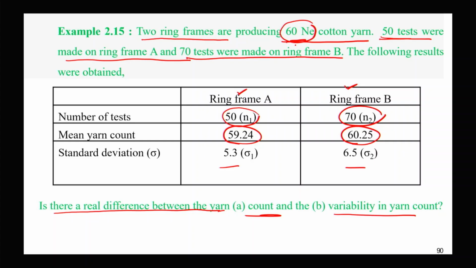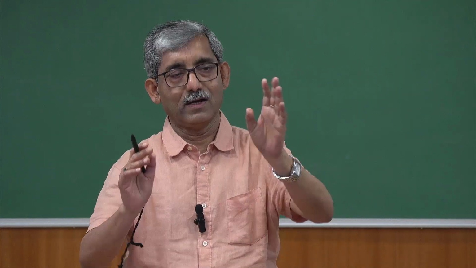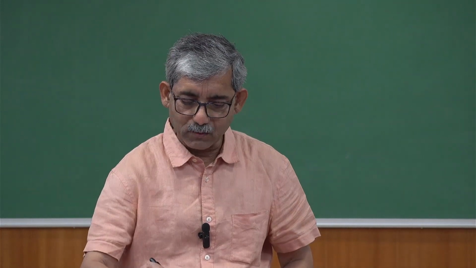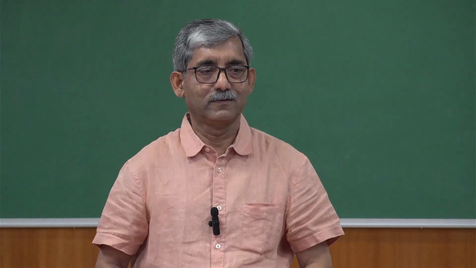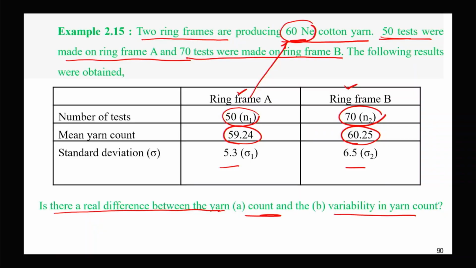Suppose we are not considering this type of test; we are testing ring frame A and comparing it with the nominal value. Let us see what happens. The mean is 59.24.